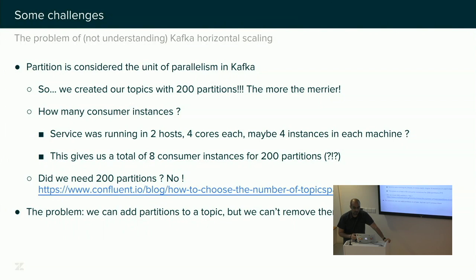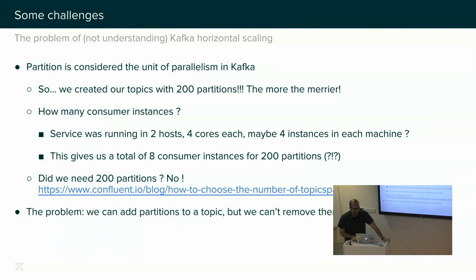That was because the Maxwell topic had already been created with 200 partitions, and they did it that way because they wanted to have as many partitions as we have shards across our data center. So we just copied the same configuration. So we created our topics with 200 partitions as well.